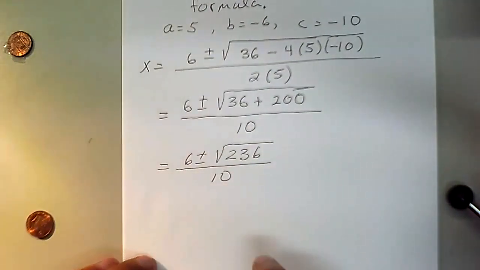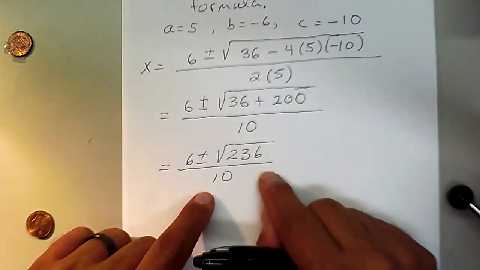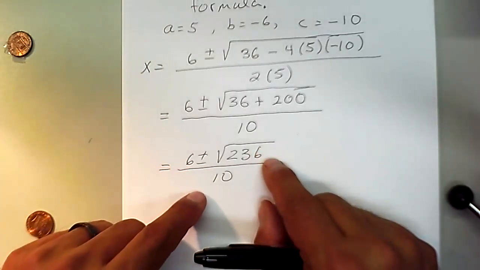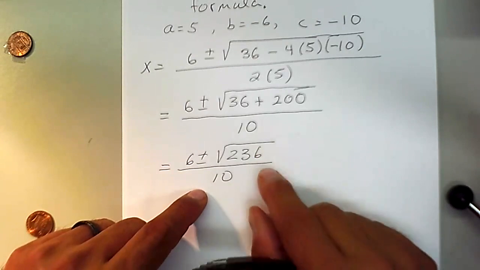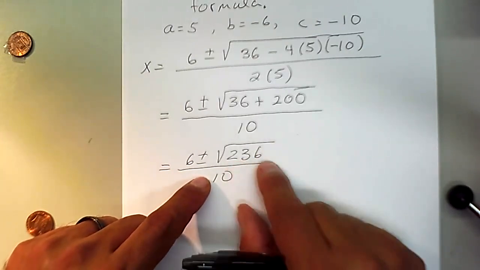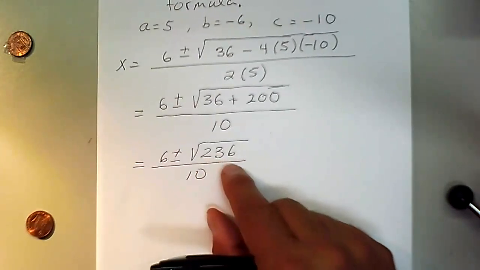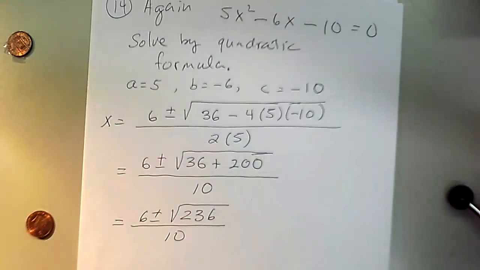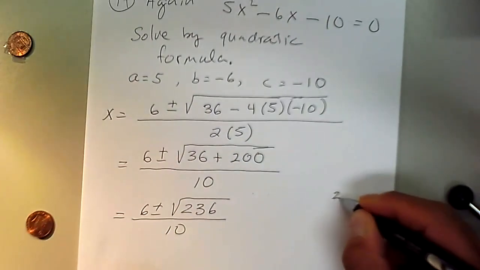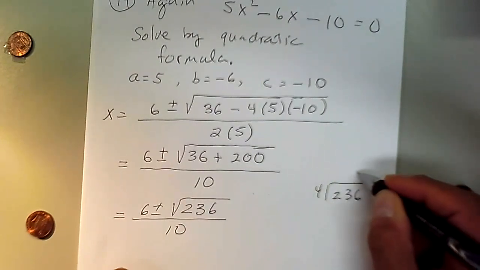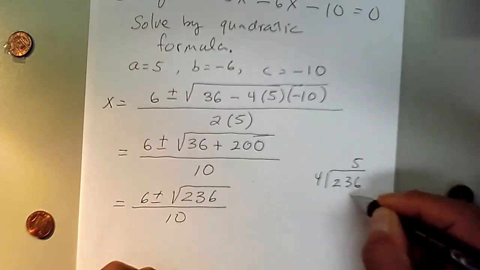Now, this is the deal. We have to simplify that root. So, yes, we just have to simplify that. 236, does 4 go into 236? I believe it does. I'm going to do a quick division here to make sure it does. 236 divided by 4. 5 times 4 is 20.